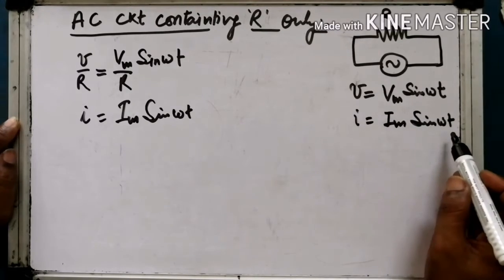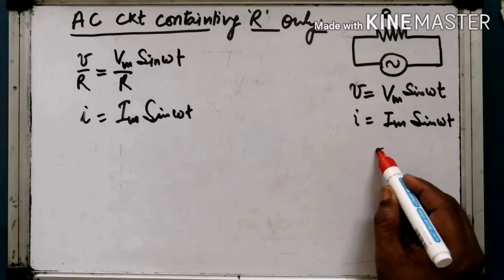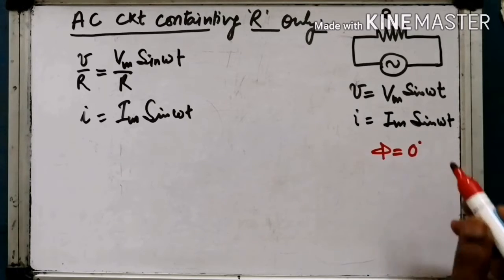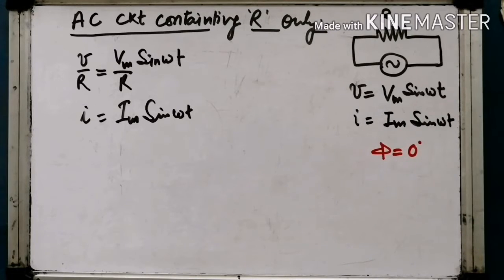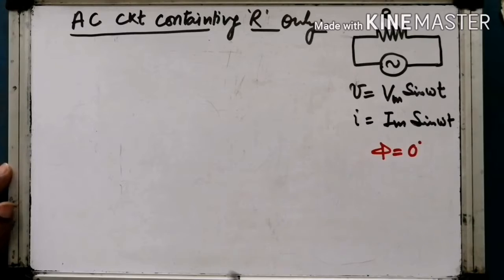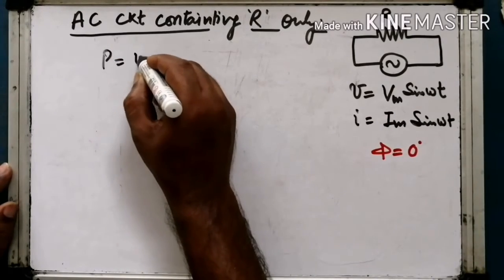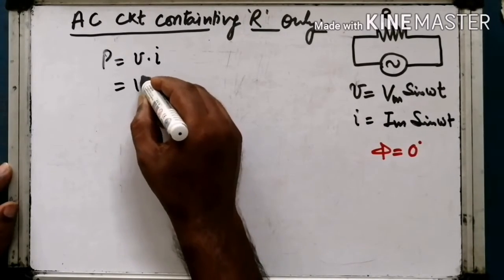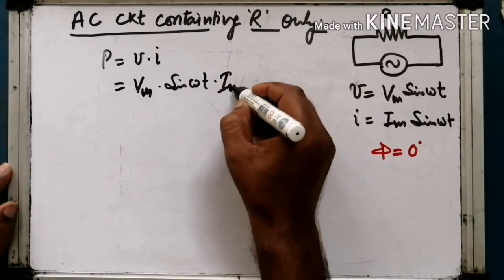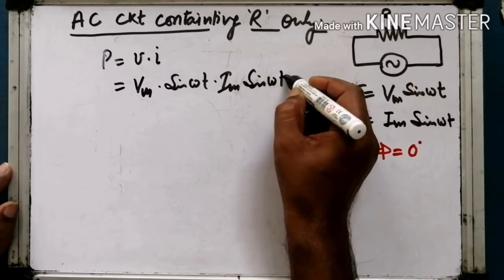See these two equations very carefully and find the phase difference between voltage and current, and it is 0 degree, right? Okay, now see about the power. We know that power P equal to V into I, that is V maximum sin omega t into I maximum sin omega t.